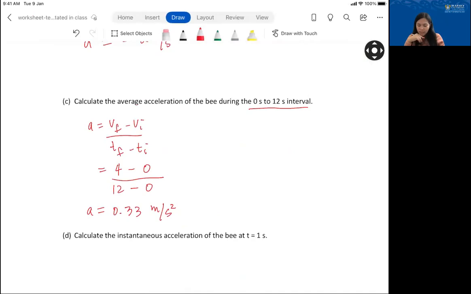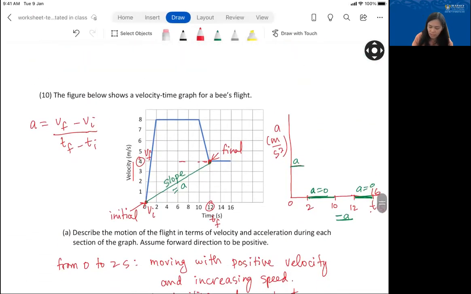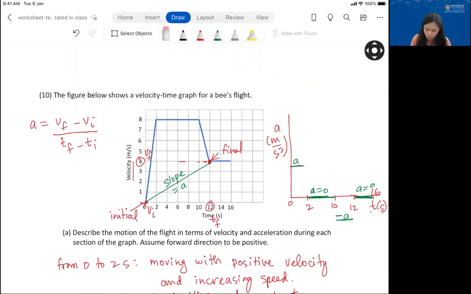Next question, instantaneous acceleration at 1 second. Instantaneous acceleration, that's the acceleration at a particular instant of time. At 1 second. Okay, let me tidy up our graph again.